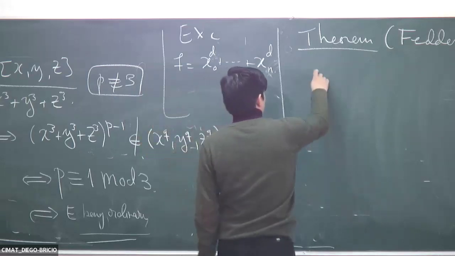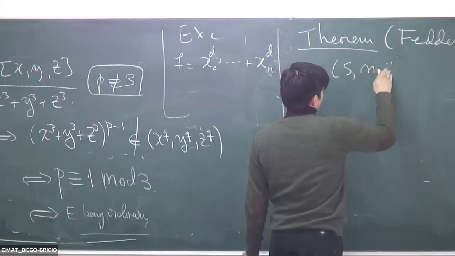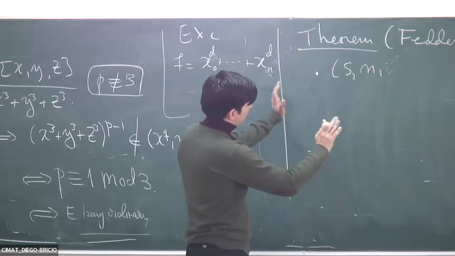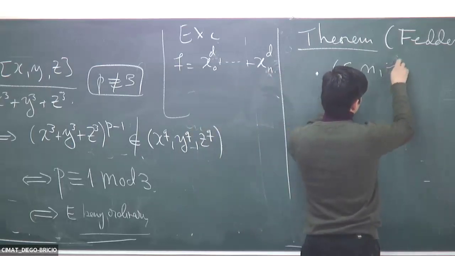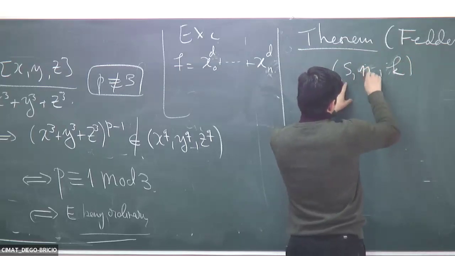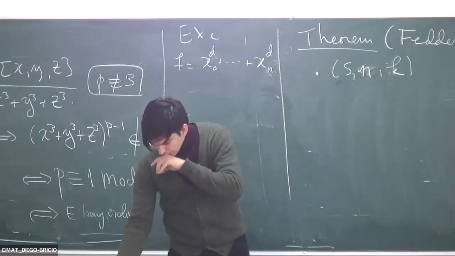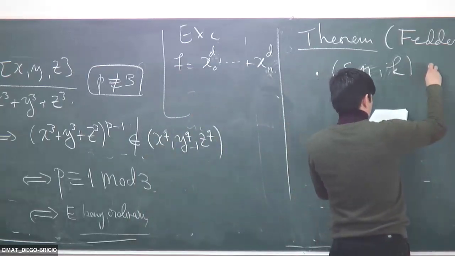It says take (S, n, k). This is very general, also because purity is something that you check locally, so it makes sense to start with a local ring S, a regular local ring.